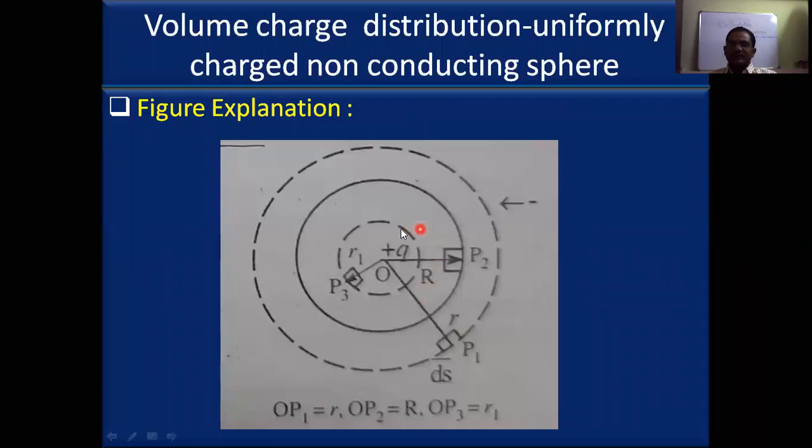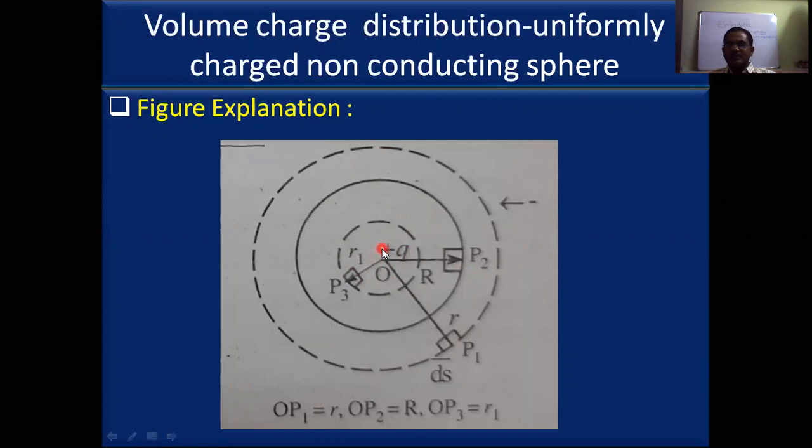Since the charge Q is distributed throughout this sphere, rho would be the total charge Q by the volume of the sphere, 4 by 3 pi R cube. Because the radius is capital R, the volume of this non-conducting sphere is 4 by 3 pi R cube.